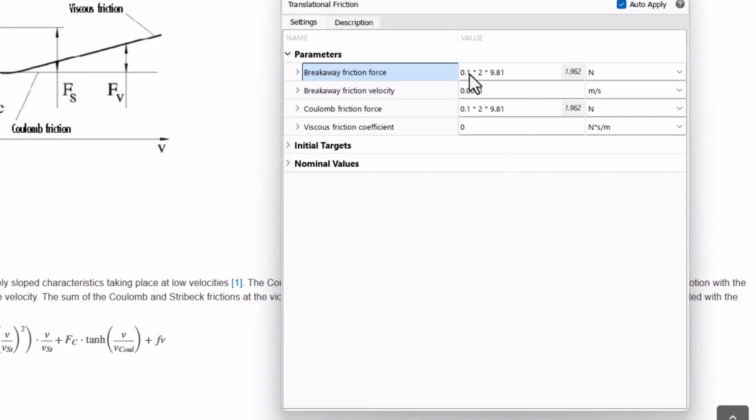So for that case, you can set a bigger friction coefficient, like 0.5, for example. As I said, I do not need to change it now for my example, but this option gives you a more precise result. For example, if you are experimenting in a laboratory, you may want to have this breakaway friction force, but I'm going to take it to be equal to the Coulomb friction force. So this is already good enough for me.